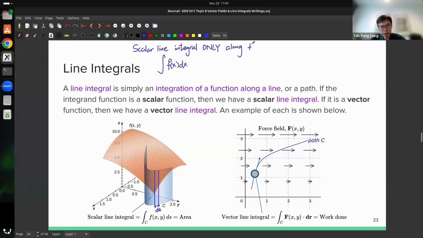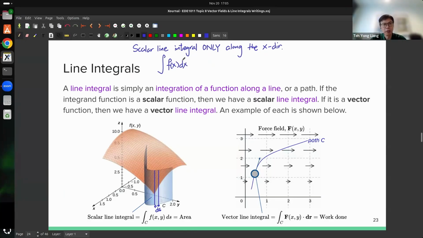Which means your line or curve C, in this case, is not a curve. It's just a straight line in the x direction. When we do simple integration of a single variable function in, let's say, topic 4, if I remember correctly, that's when you are introduced to integration, we are actually doing a scalar line integral, but this line is only in one direction, for example the x direction.